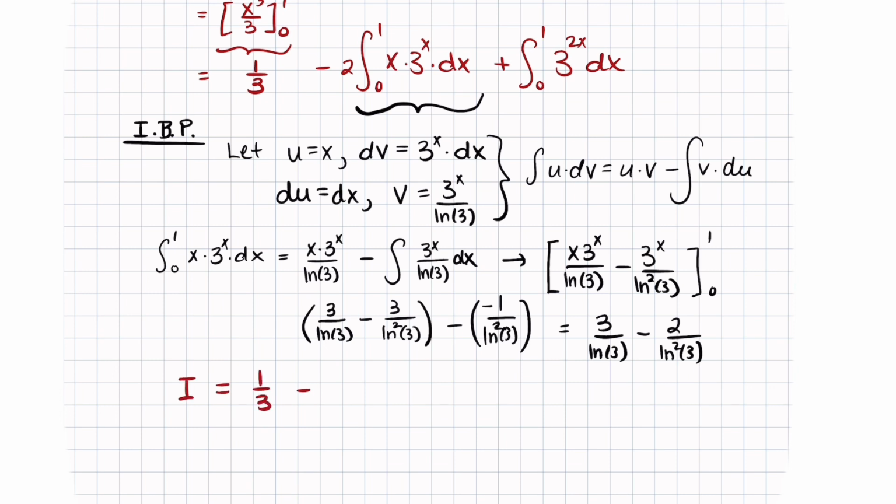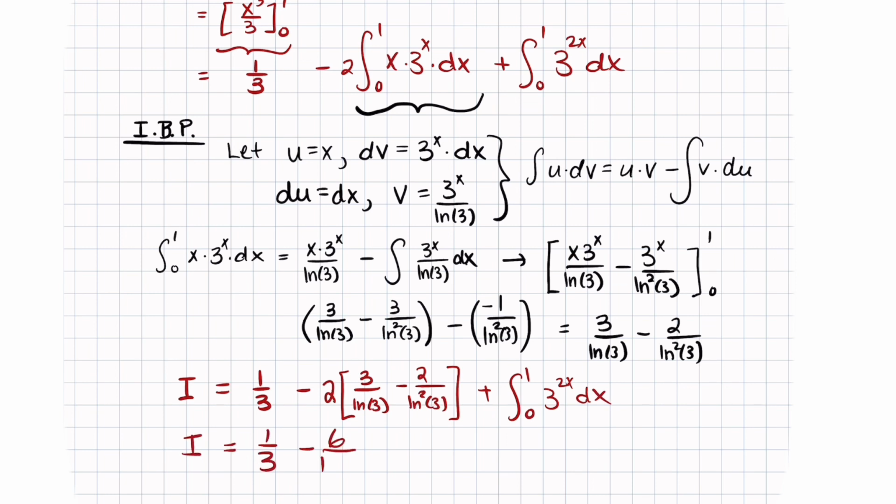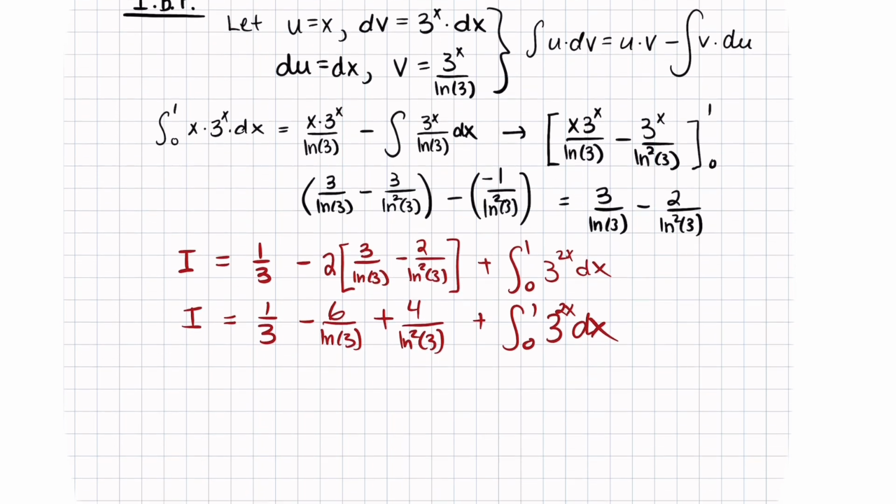So our integral is 1/3 minus 2 times that quantity we just found, and then plus the last integral there from 0 to 1 of 3 to the 2x. So that's going to give us 1/3 minus 6 over log 3 plus 4 over log 3 squared plus the integral from 0 to 1 of 3 to the 2x.